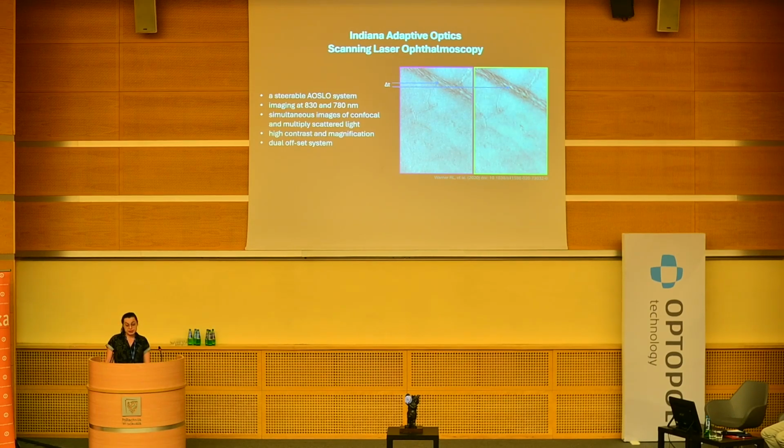For imaging purposes, we use the Indiana AO-SLO, a steerable imaging system with two optical channels that allow dual offset imaging, which works similarly to dark field microscopy. The system enables us to register confocal and multiply scattered light simultaneously with high contrast and magnification.